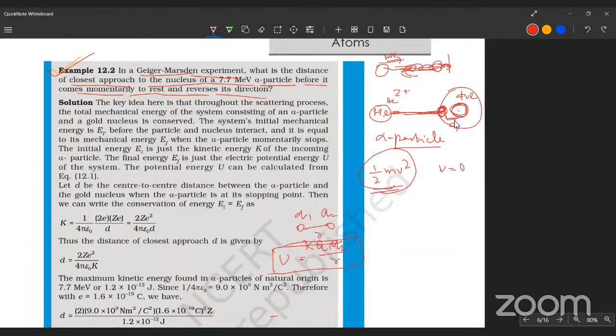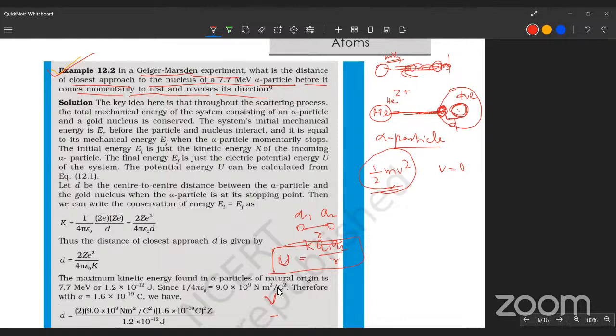Here Q1 is the charge of the helium and Q2 is the charge of the nucleus, right? Why are we considering both the charges? There are two terms if you remember: one is potential energy and another is potential.